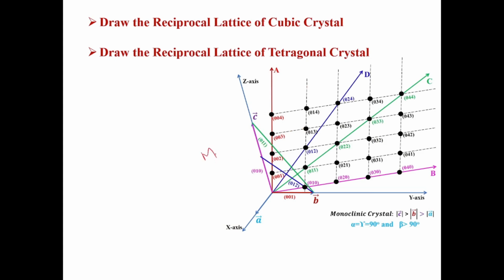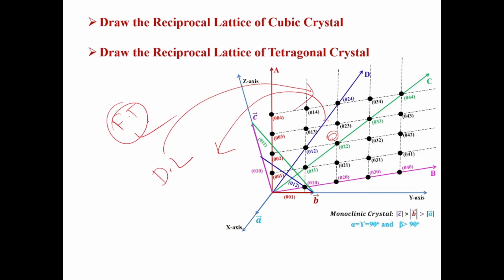So the monoclinic crystal structure and its corresponding reciprocal lattice is itself a monoclinic crystal structure. Here this is in the form of points. This can be transformed between direct lattice and reciprocal lattice by using the Fourier transform.